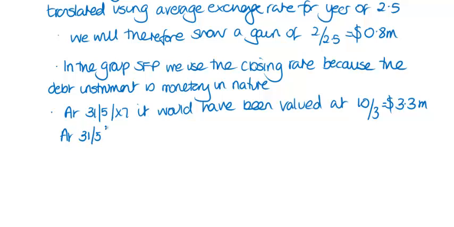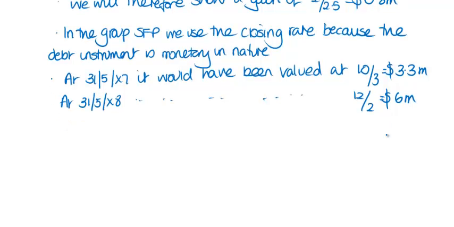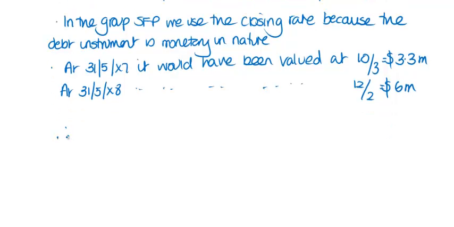At the 31st of May X8, it would have been valued at, we're now at 12 million zloty, but there are 2 zloty to the dollar. So it's now worth $6 million. Therefore, we debit our financial asset $2.7 million.